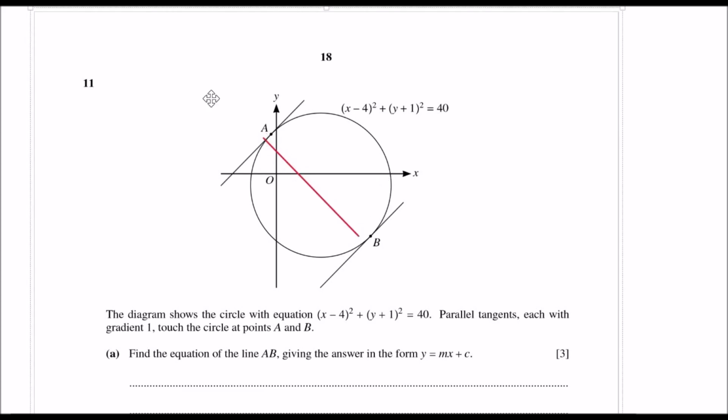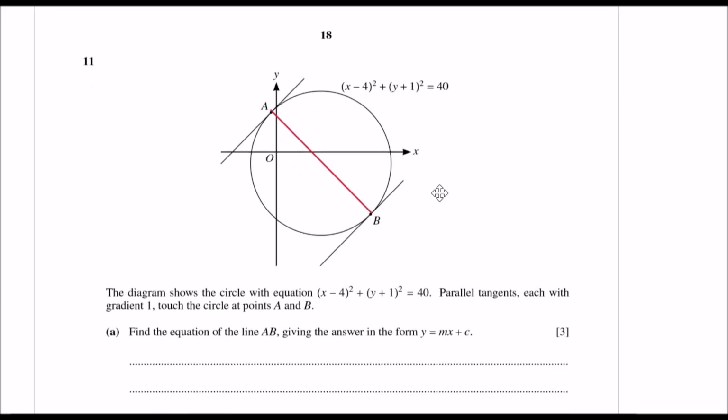Let me do properly. Yeah. So AB. Now, if we know the gradient and one point, we can find the equation, right?